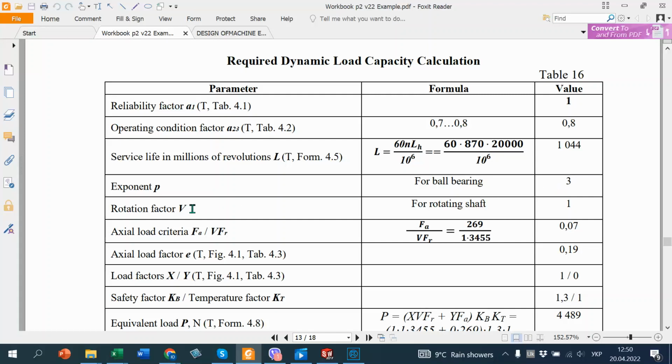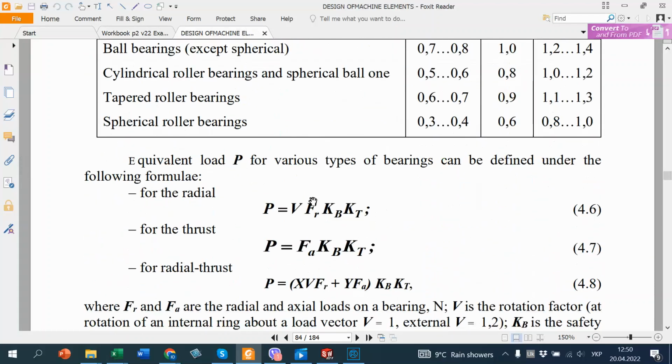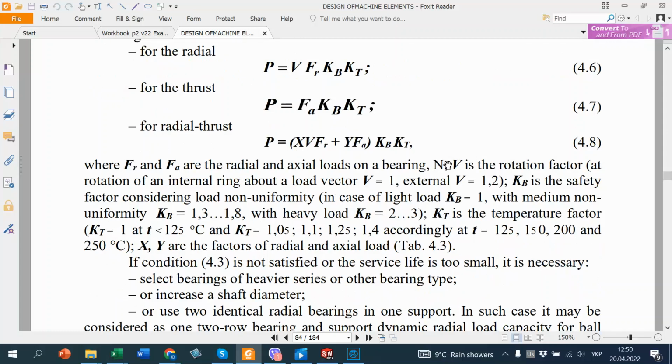V is the rotation factor. In our case, when the inner ring rotates and the outer ring is fixed in a fixed path of support, in such case V equals 1.